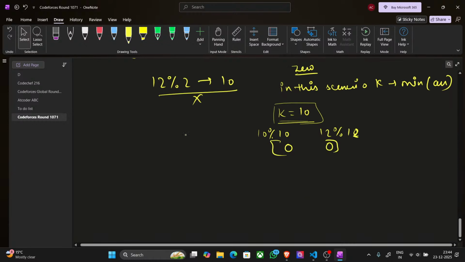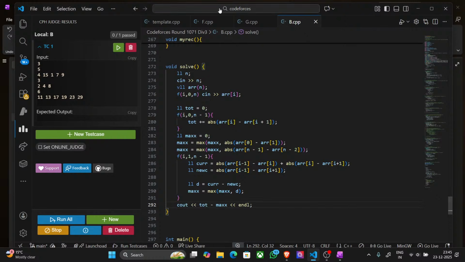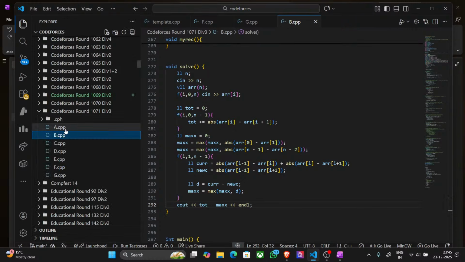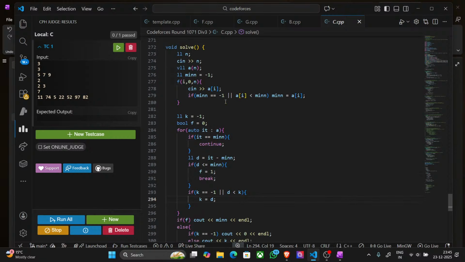You can do this also, but when I coded it, I wrote a lot of code. As you can see in this problem, I have taken the minimum as -1.